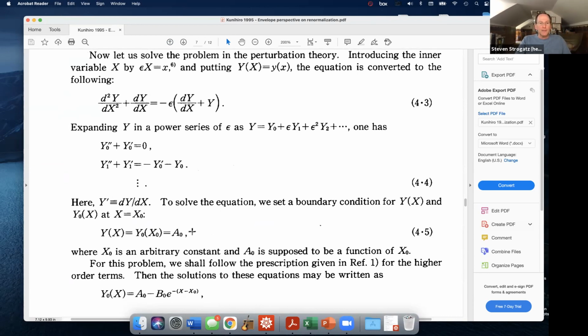And if I demand that y, my function y, whatever it is, it evaluates to something a0 that depends on the choice of x0. So all the constants, like a0 and b0, they all depend on the x0. As you slide along and through the interior, the a0 and the b0 would depend on this x0.